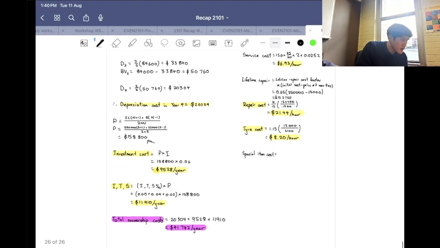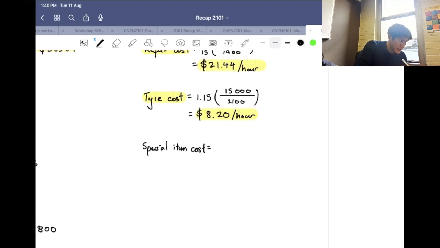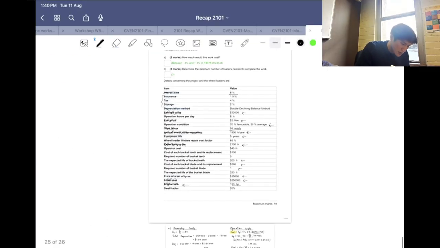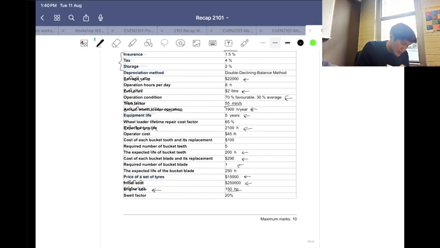Yeah, and special item cost. So first you calculate it for the teeth, which is 100 times 5 over 200. So there's 5 teeth, and each tooth is gonna last 200 hours, and it costs 100 per tooth.